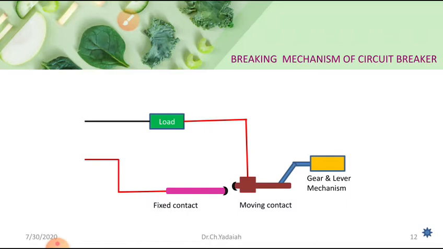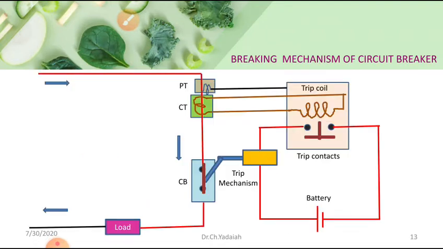Now the mechanical operation: the gear and lever mechanism by spring mechanism, hydraulic mechanism, pneumatic mechanism. Here we use an electrical sensing device that can operate the gear and lever mechanism. You can see that circuit also. Now this is another intelligent electrical system, the breaker operating system.